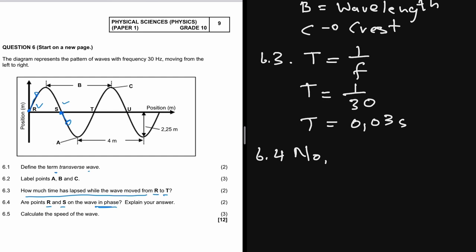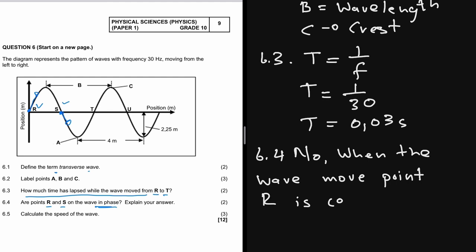I don't know how you can define that with explanation, but you can just say: when the wave moves to the right, point R is going up and point S is going down.